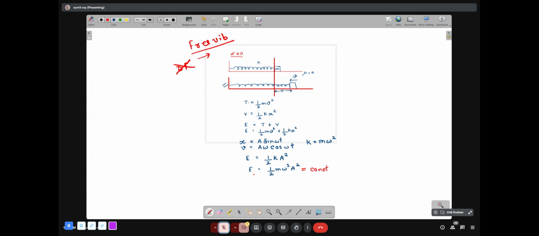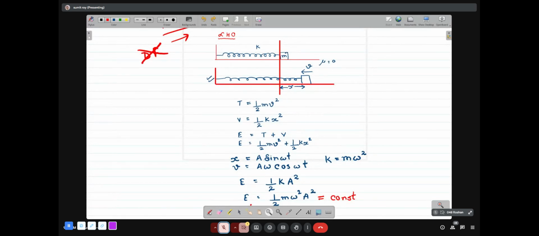So this is the expression for kinetic energy. This is the expression for potential energy. What was the formula that I told you? How to express v in terms of x? What was v in terms of x? Omega under root a square minus x square. Correct.